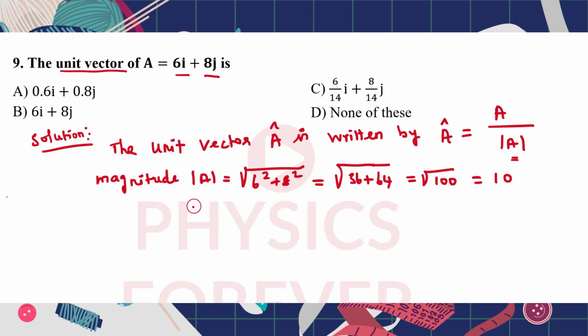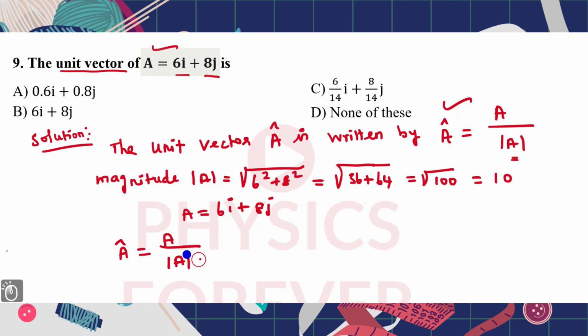So mod A is 10, and A is already 6i plus 8j. Just substitute in this formula. Then A cap, that is the unit vector, is A by mod A, so 6 by 10 i plus 8 by 10 j.